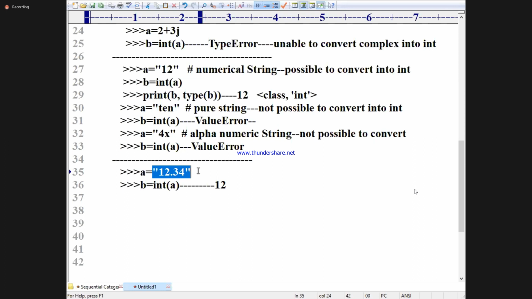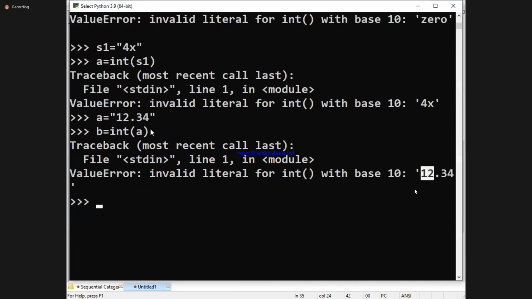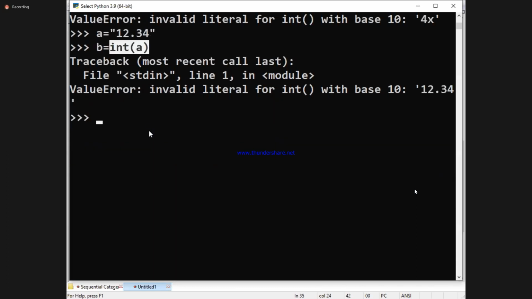Sir, to do this, see this 12.34. Which function is not possible? Now see, C is equal to float of A. Possible or not possible? Possible. The float function can convert a float string into float. The int function can convert an integer string into int.